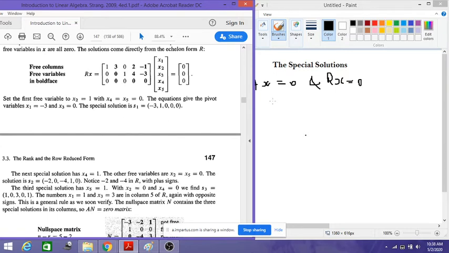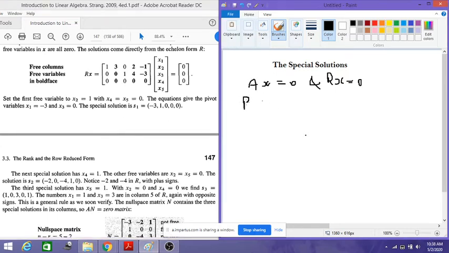So let's take a quick example here. I'll not go into much detail. I'll just take Rx, already in reduced form, as a continuation of the previous example: 1, 3, 0, 2, minus 1, then 0, 0, 1, 4, minus 3, and the last row is 0.